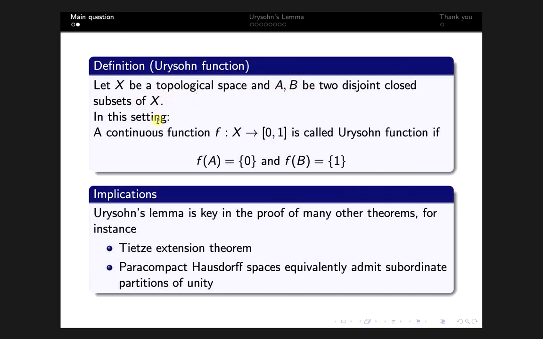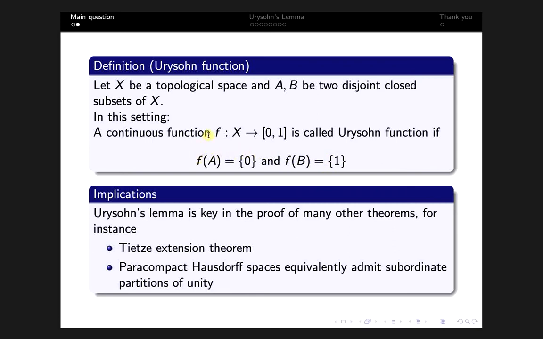In this setting, a continuous function f with domain X and codomain the closed interval [0, 1] with the subspace topology of the standard Euclidean topology on R is called an Urysohn function if f(A) equals {0} and f(B) equals {1}.